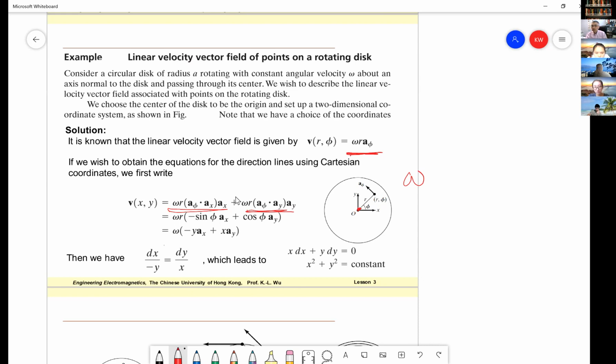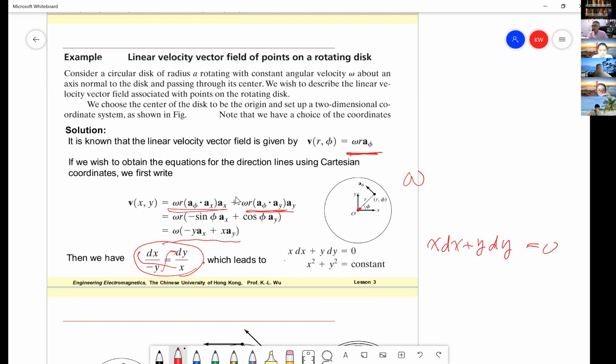Then you get a vector in terms of x and y, and then you get a differential equation, because these two vectors are parallel. Then you multiply y to this side and x to this side, and you have x dx plus y dy equal to a constant.